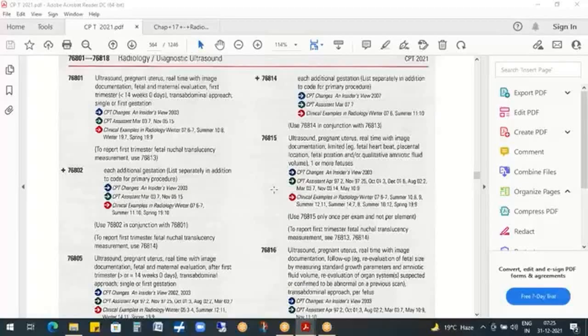What are the key terms we need to look for when we get a question regarding ultrasound of obstetrics?